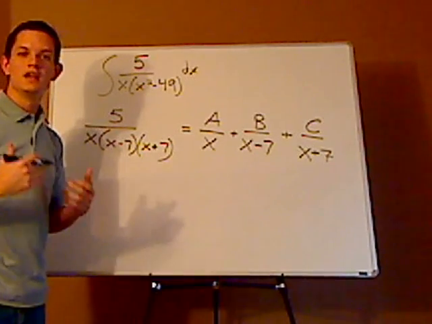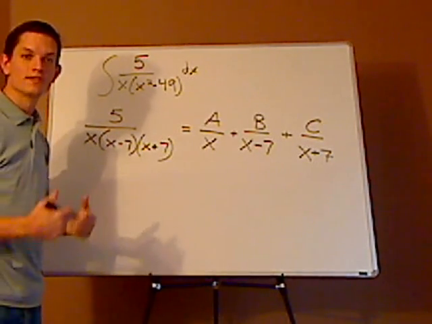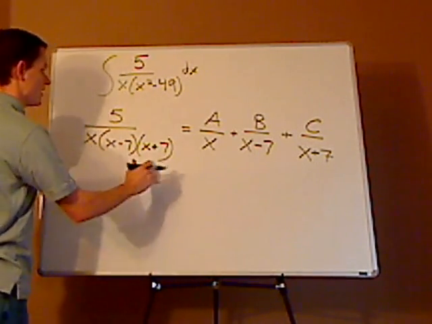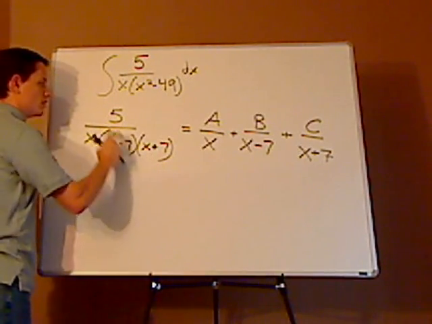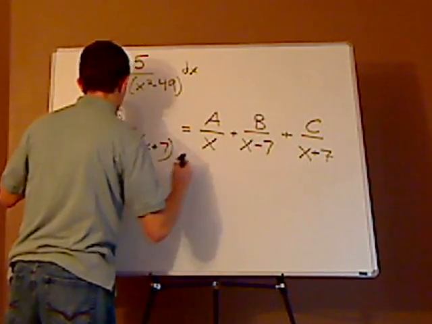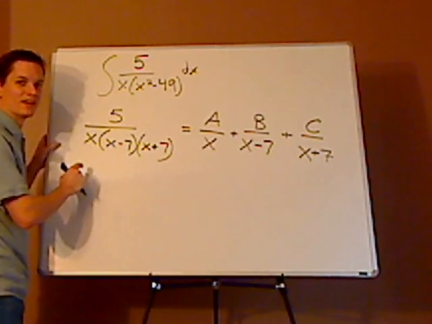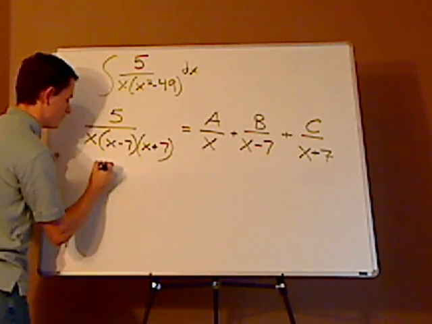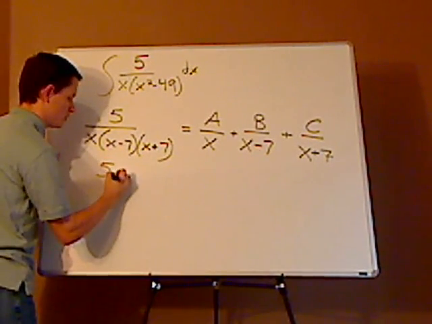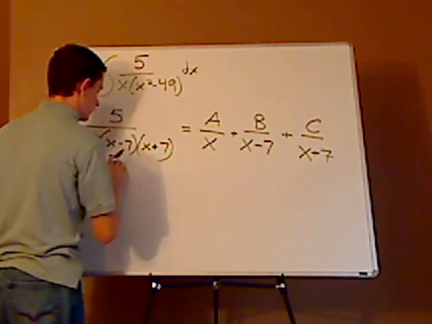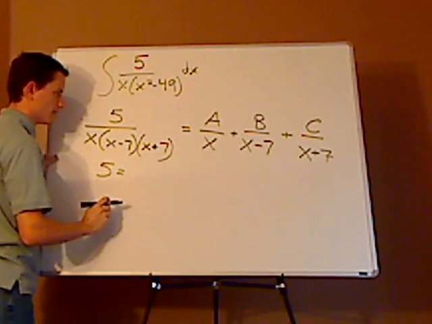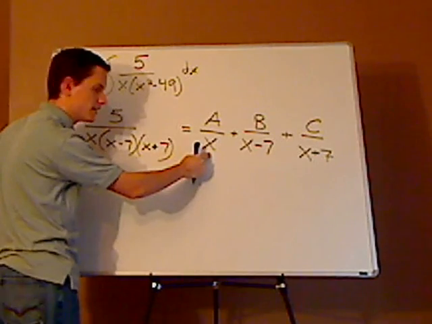Now what you're going to do is multiply both sides by the LCD. When you multiply both sides by that, whatever's in the denominator cancels out. So you have 5, and the whole denominator cancels out here, but here the x's cancel out.